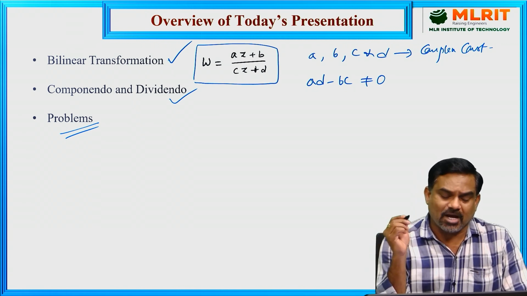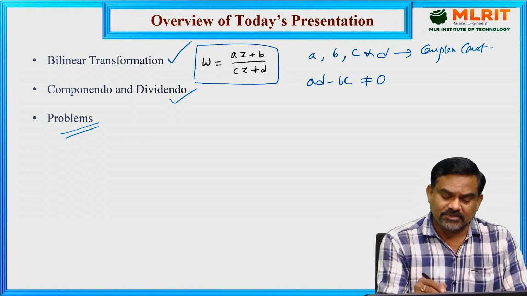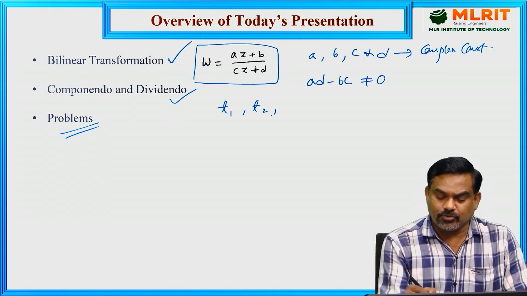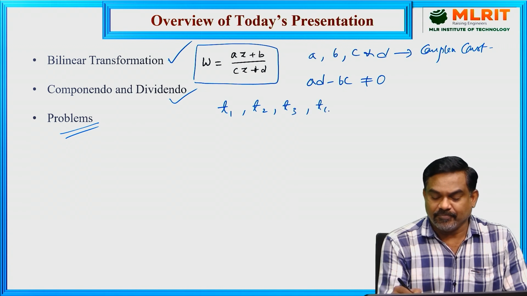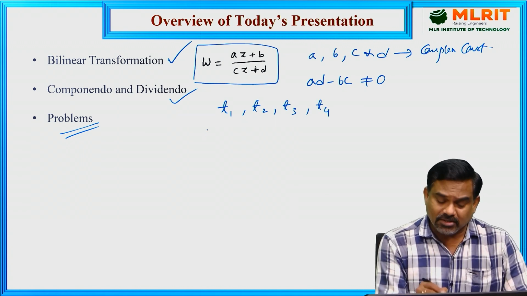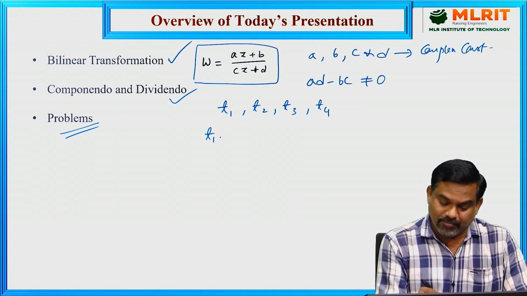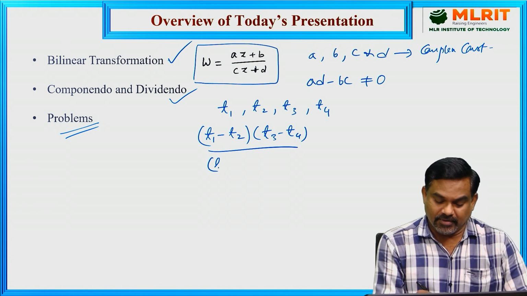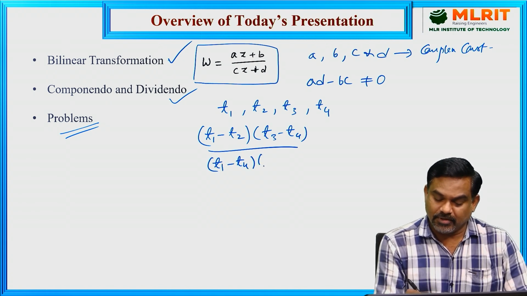Now what is that cross ratio property? If we have 4 points T1, T2, T3 and T4, then the cross ratio is given by (T1 minus T2) into (T3 minus T4) by (T1 minus T4) into (T3 minus T2).